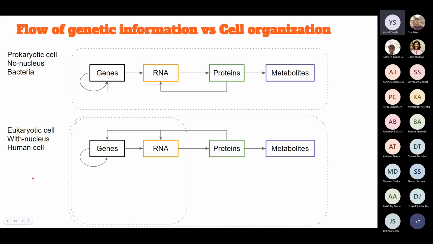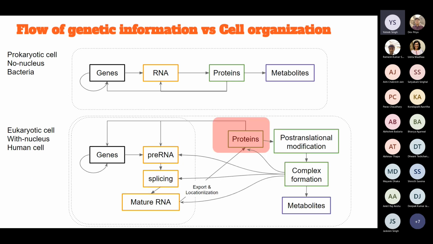As the eukaryotic cells became even more complicated, the process of copying genes into RNA became more complicated. You started to have what's called pre-RNA. You had something called splicing, which enhanced the number of different kinds of proteins you can make from the same gene. And there was some regulation of when and how these RNA molecules are going to be exported outside the nucleus.